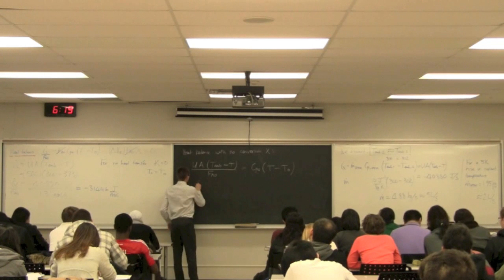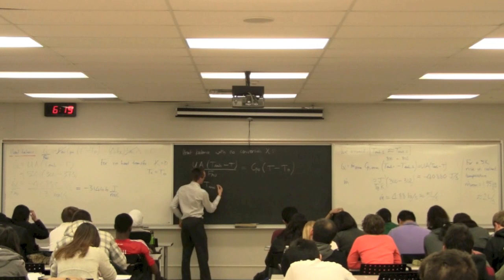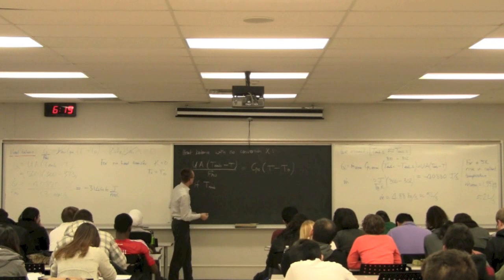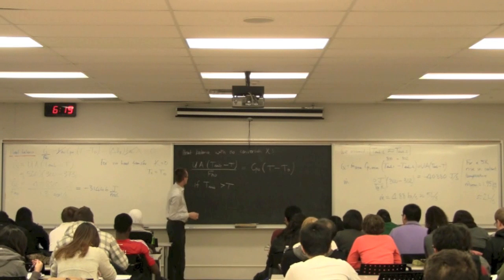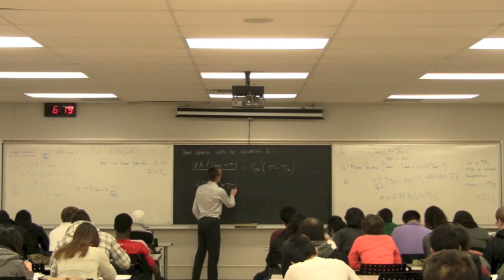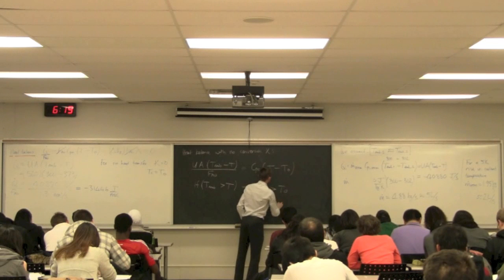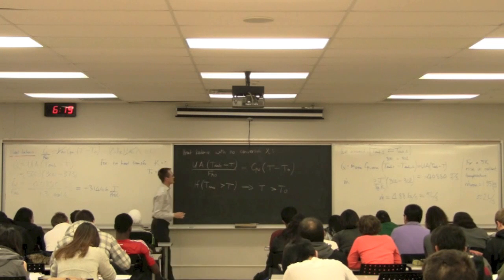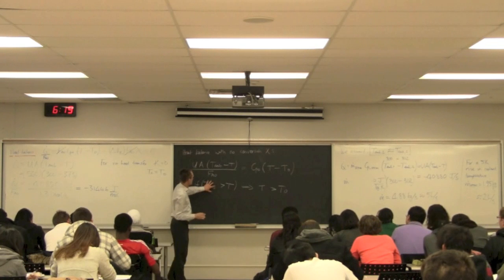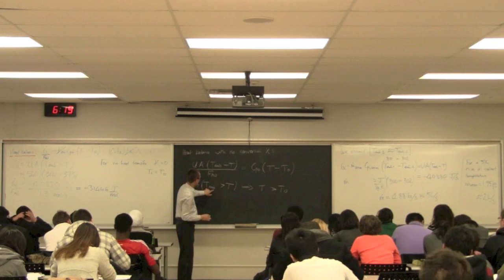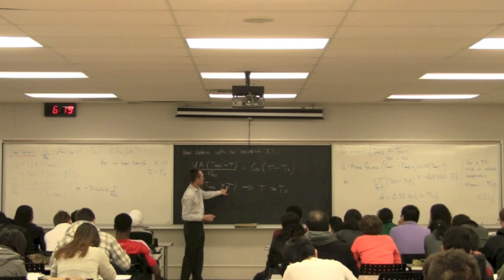If T ambient, my cooling temperature or my heat transfer medium, comes in at a temperature greater than the tank temperature, that implies that T is greater than T naught. And that makes absolute sense, because now my temperature gradient is that I'm taking heat from my jacket and putting it into the tank.